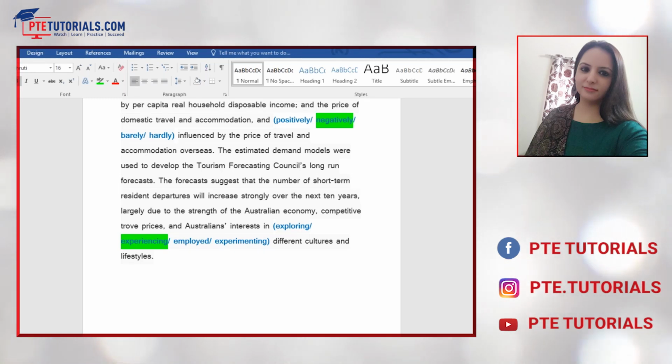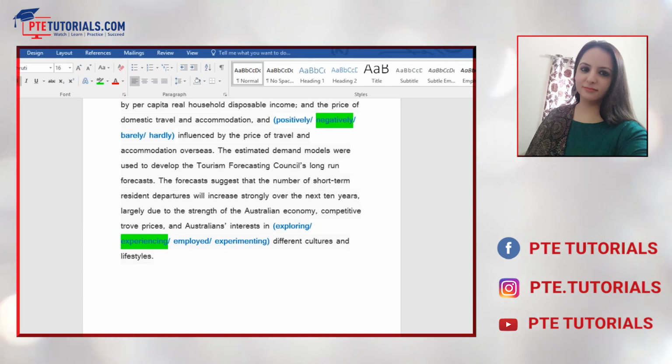This is how you should go with your reading blanks. See, some of you have opted for exploring, but this is how we actually do not go with the understanding. That is why, in the starting of the webinar, I said three things are very important: collocation, grammar usage, and your understanding.